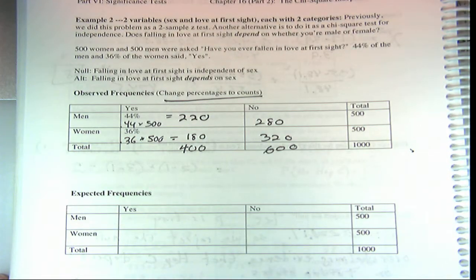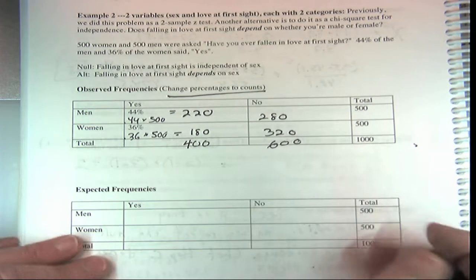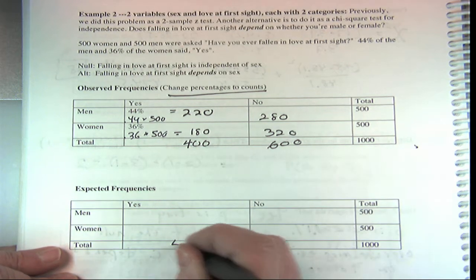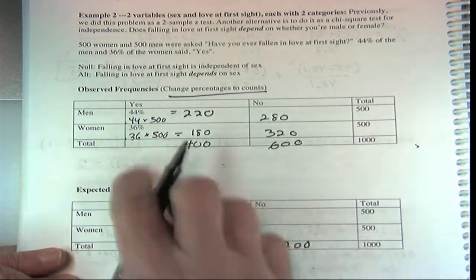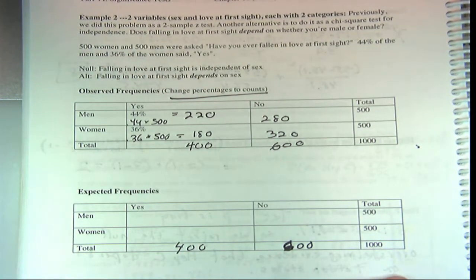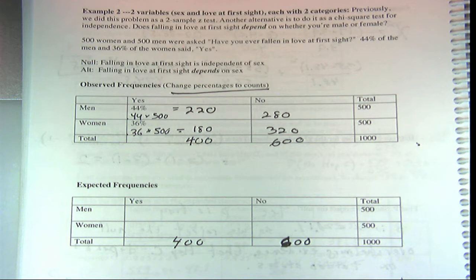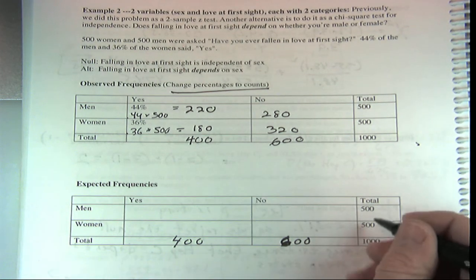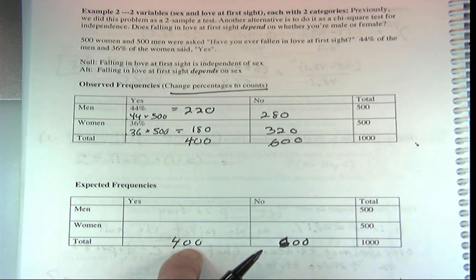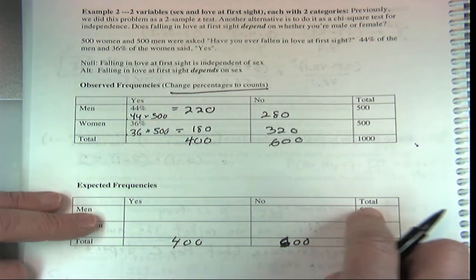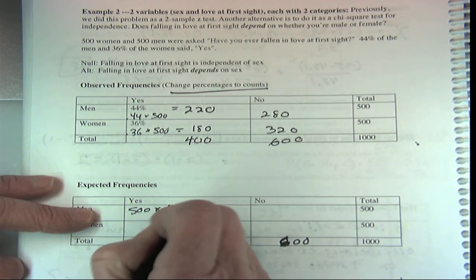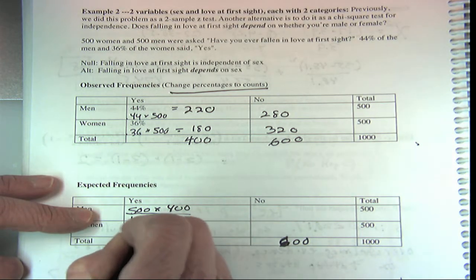Now, what would we expect under the null? Well, there's a 50-50 split here. We know the totals are the same, right? The totals were given to us, so they have to add up. So now, what would we expect? Wouldn't you expect, if there's 50% men and 50% women, that 50-50 split here? Or what you could do is take 500, which is the row total, times the column total over the total total.